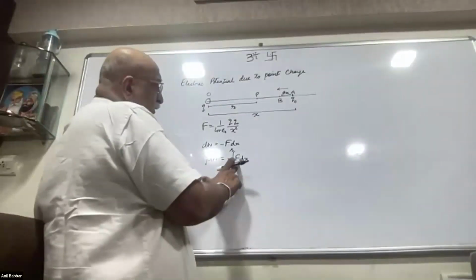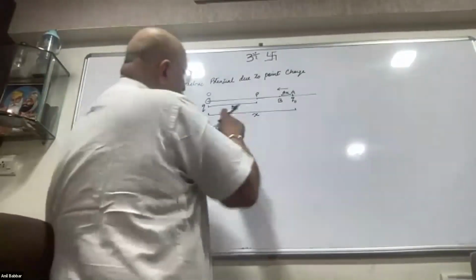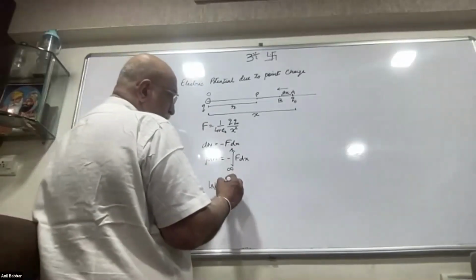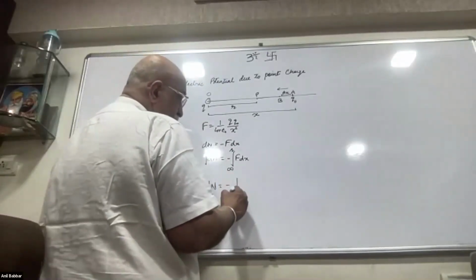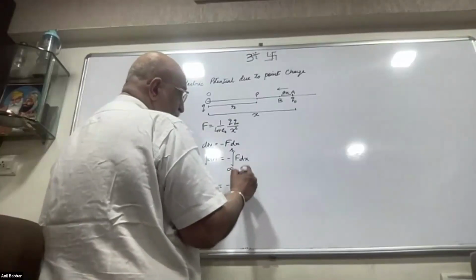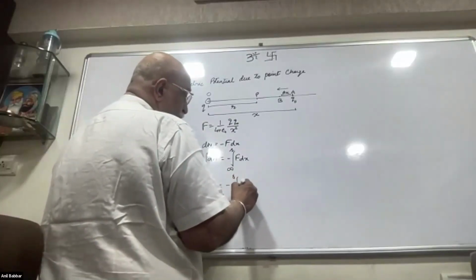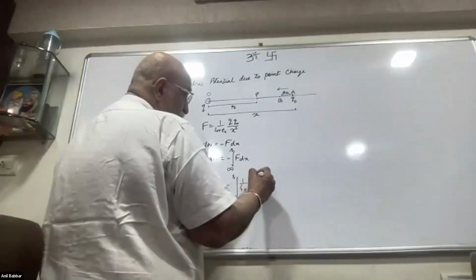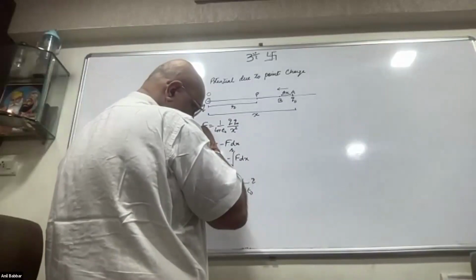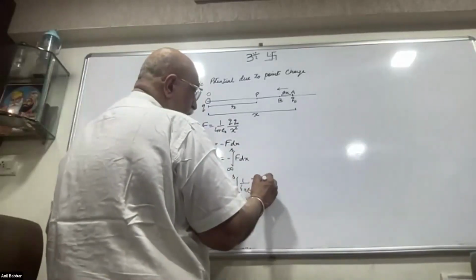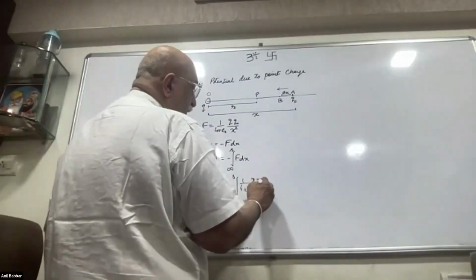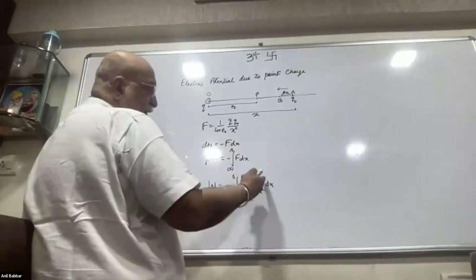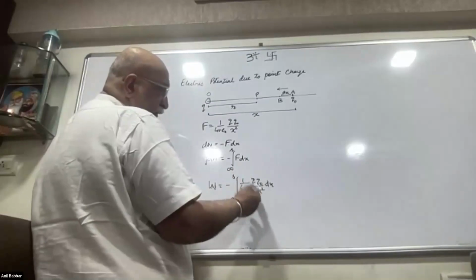Now, what is the value of F? This is work done, W equals negative of the integral from infinity to R of F dx, where F is 1 by 4 pi epsilon naught Q Q naught by x squared. Q and Q naught are constant, and 1 by 4 pi epsilon naught is again constant.